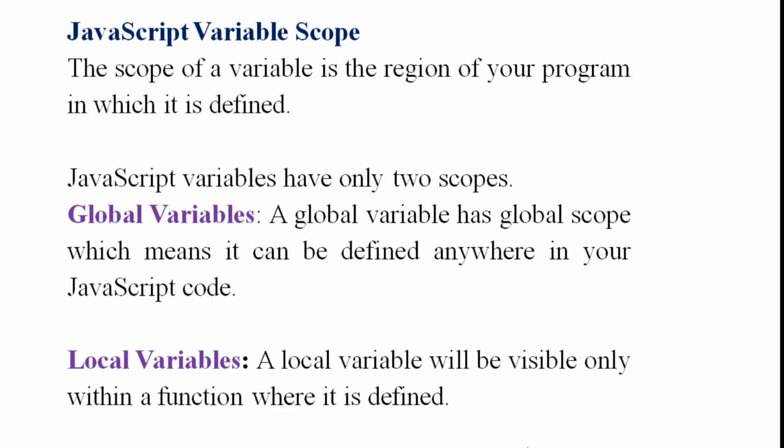Global variables can be accessed everywhere, whereas local variables are accessed only within the defined function. Within the body of a function, a local variable takes precedence over a global variable with the same name. If you declare a local variable or a function parameter with the same name as a global variable, you effectively hide the global variable. These are the two types of variables.